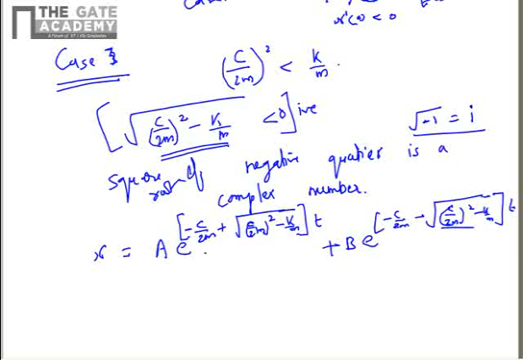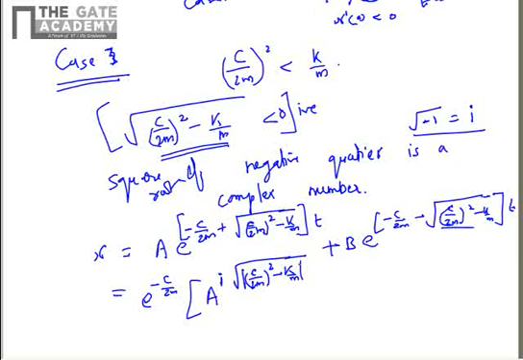we will take minus c by 2m common outside. We will get e to the power minus c by 2m taken outside common, a iota, because this value, (c by 2m) square minus k by m, is negative. So you get square root of minus 1, iota, outside, and then you can take the absolute value of (c by 2m) whole square minus k by m. Absolute value will be a positive quantity.